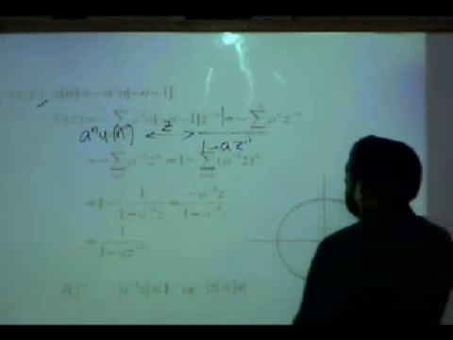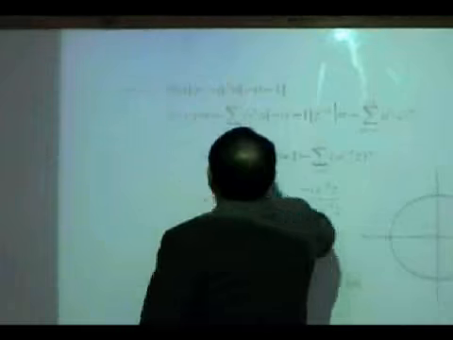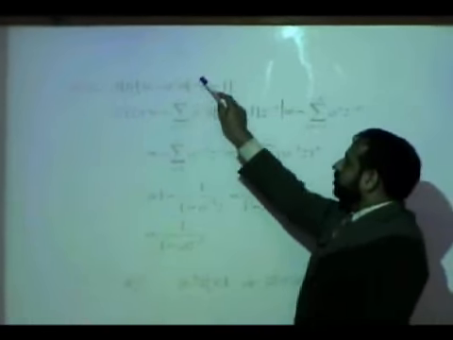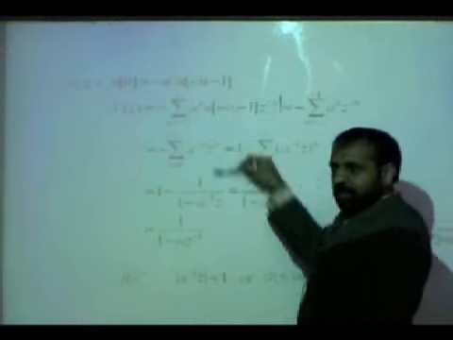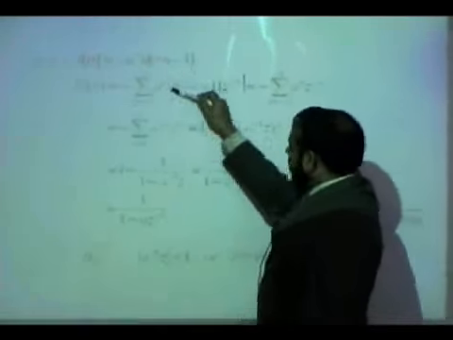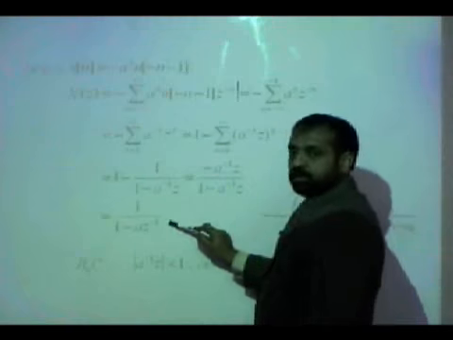Here is an interesting example which says find the z transform of minus a to the n, u of minus n minus 1. I'll not do this, but if you run through this example, you get the same z transform, 1 over 1 minus a z inverse.